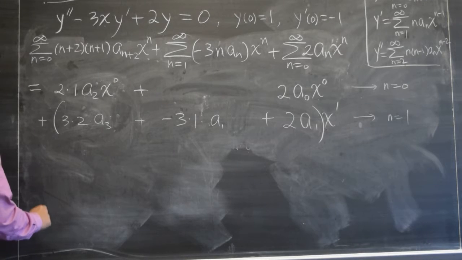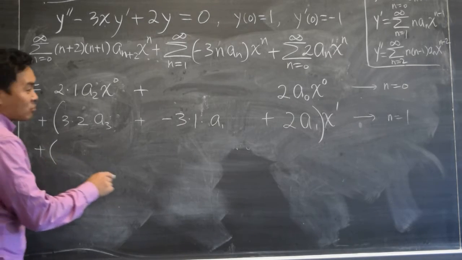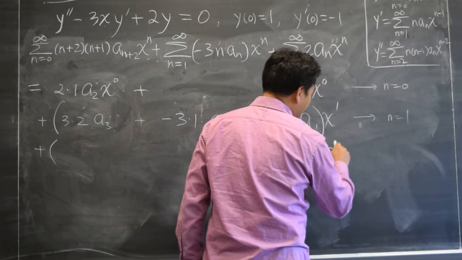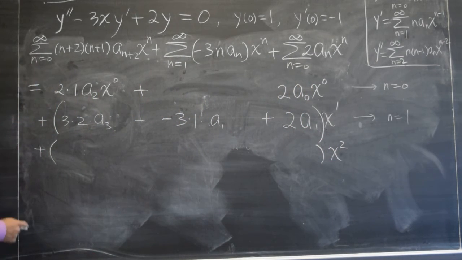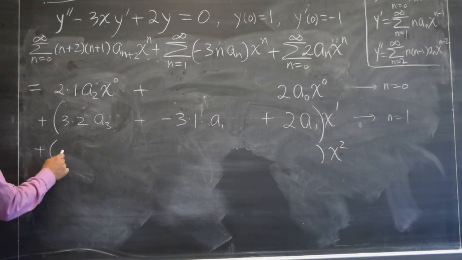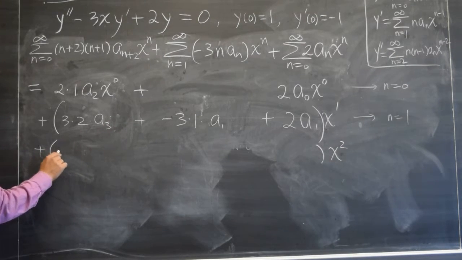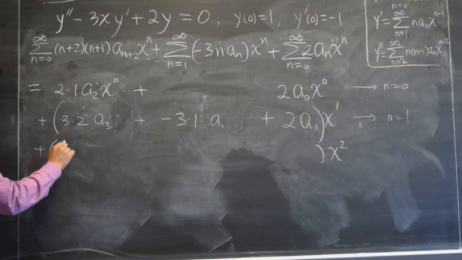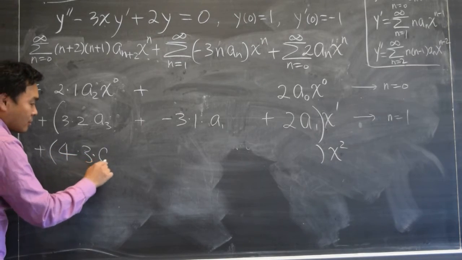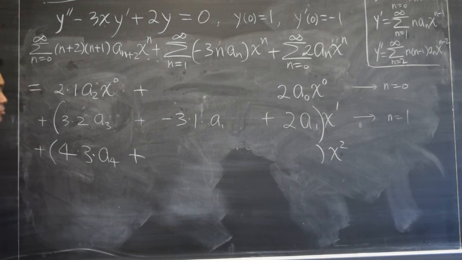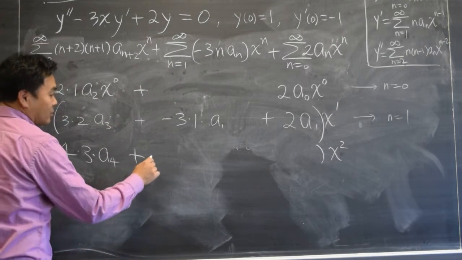Okay, and then the next one will have x squared in it, right? Now let's see if you can manage to tell me what you get. What do you get in the first factory? I factored out the x squared, just the coefficient. 4 times 3, a4. Okay, that's good. What about this one?